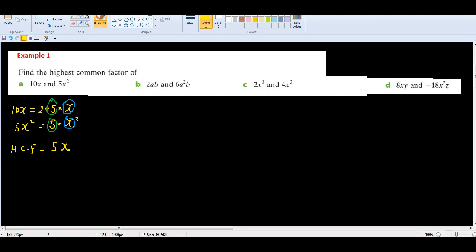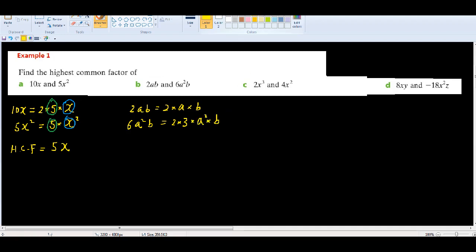How about the second one? For the second one, 2ab, you can't do anything to simplify further, right? 6a squared b. For this one, 6 can be rewritten as 2 times 3 because these are the two prime factors of 6, times a squared times b.